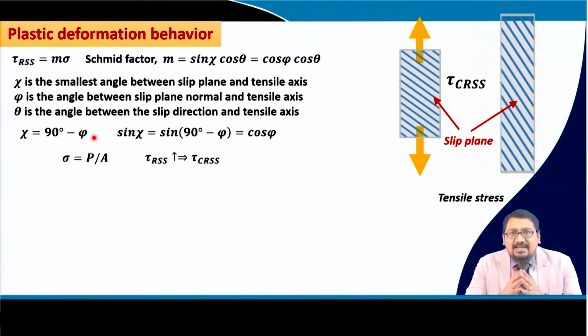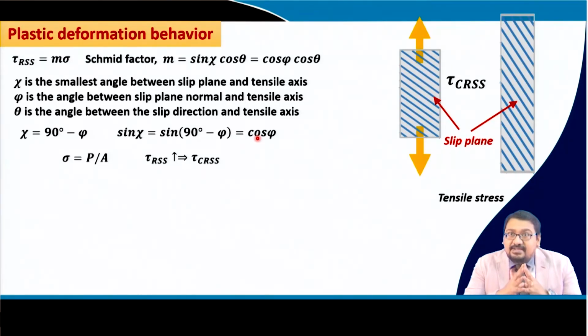Phi is the angle between the normal to the slip plane and the loading direction. So, Schmid factor is related to sine of zeta, which becomes equal to sine of 90 minus phi. The phi is the angle between the normal of the slip plane and the loading direction. So, it becomes cos of phi.